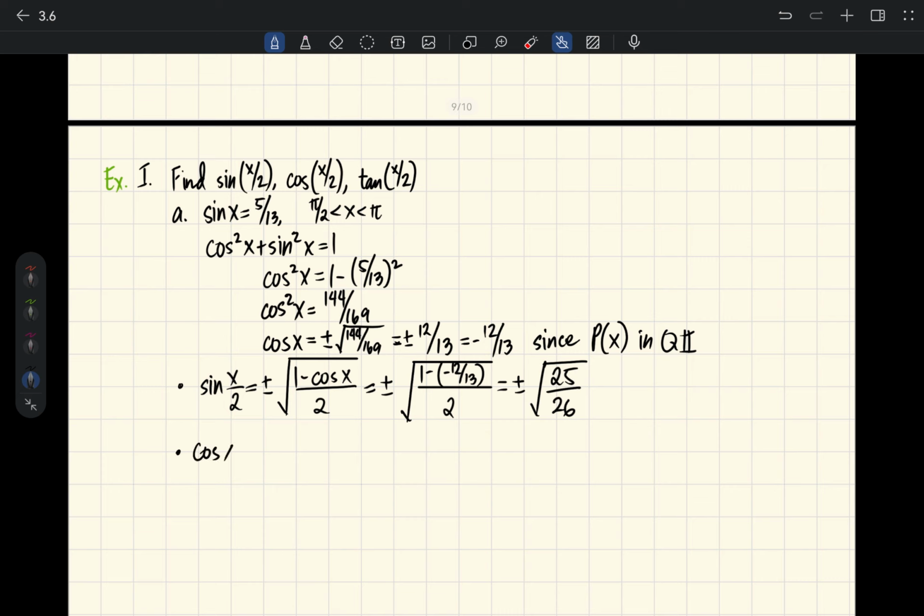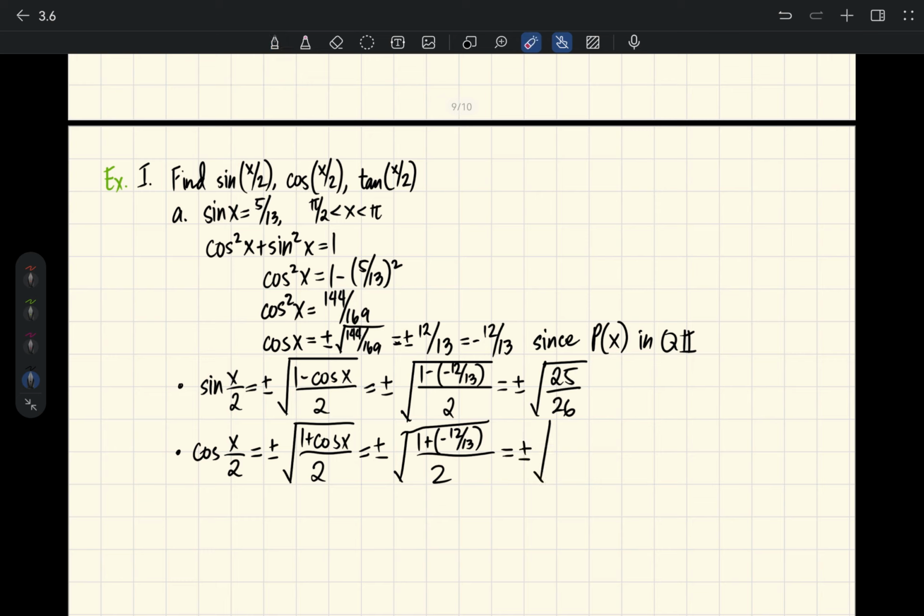For cosine of x over 2, that's just plus minus square root of 1 plus cosine x over 2. So you have plus minus square root of 1 plus negative 12 over 13 over 2, which you can simplify.